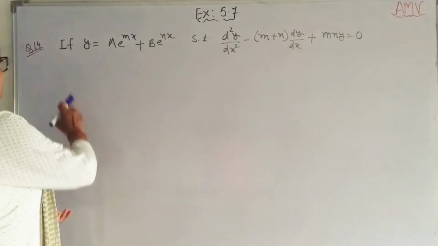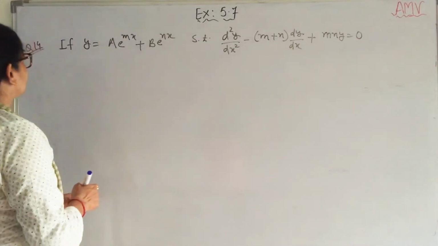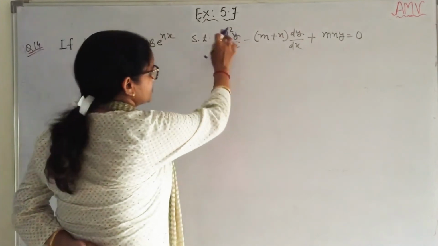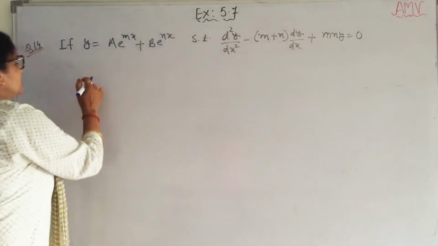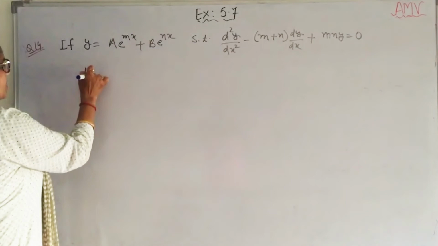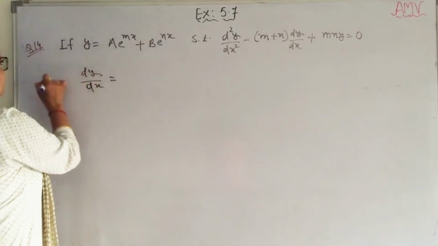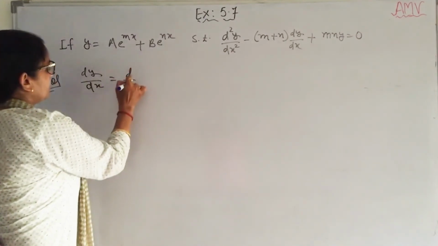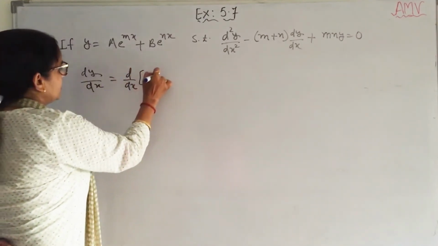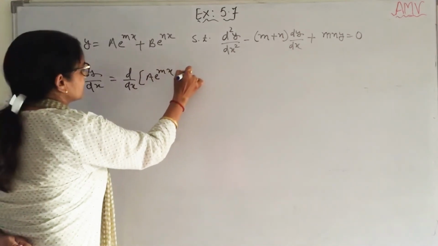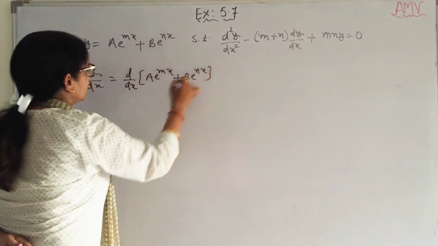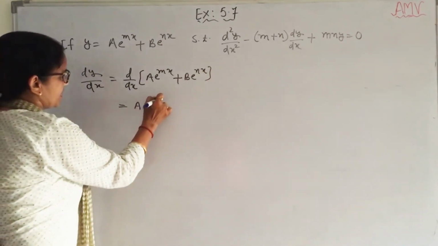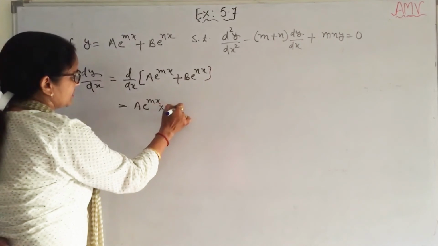Now students, question number 14. Okay, so here y is given and we have to show these terms. So first find dy upon dx. Okay, it is d by dx of a e raise mx plus b e raise nx. Okay, so it is a as it is, e raise mx, and the derivative of mx is m.